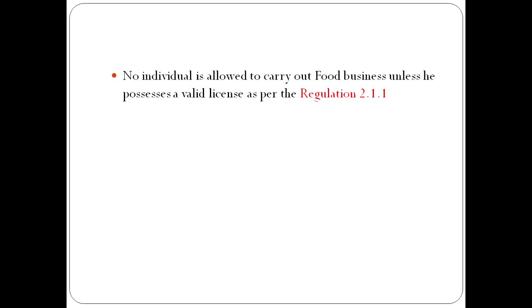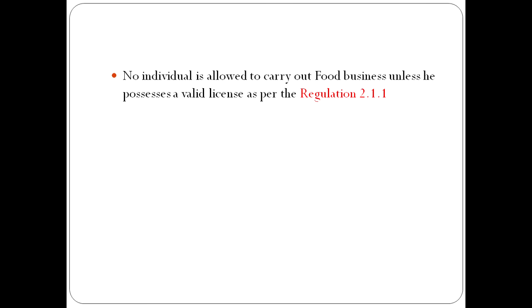The next thing is, no individual is allowed to carry out food business unless he possesses a valid license. The rule says that no individual person or whomsoever is allowed to carry out any food business unless he possesses a valid license for doing so. So whoever is starting a food business needs to properly apply and get a proper license duly certified by the state food safety authority or the FSSAI.